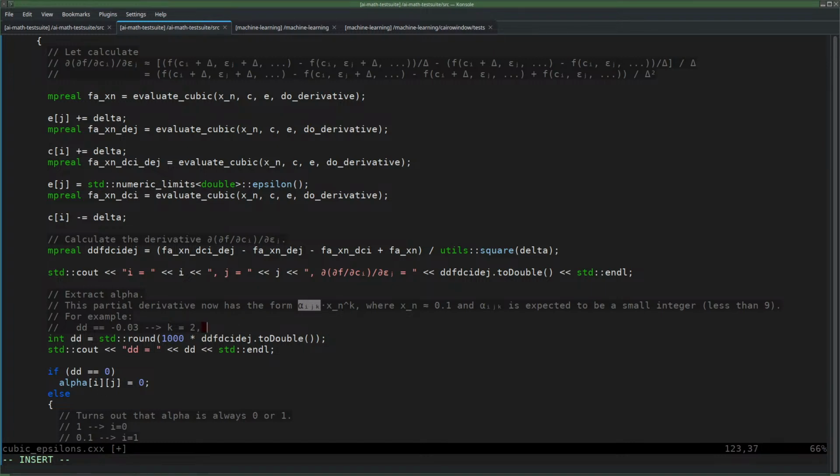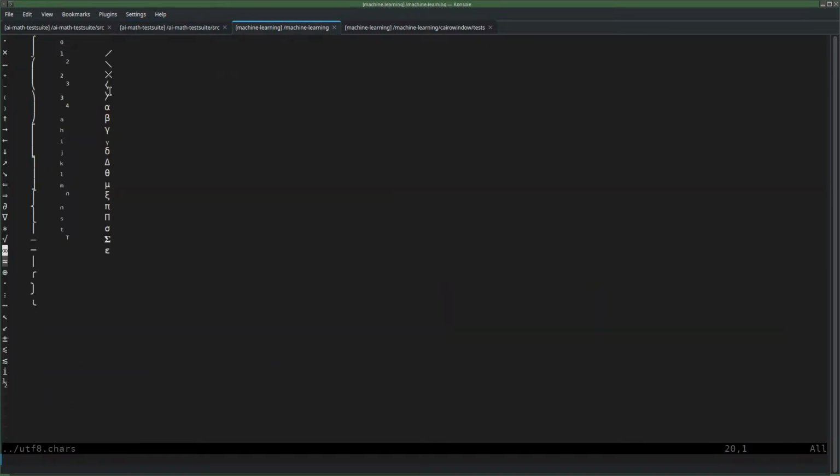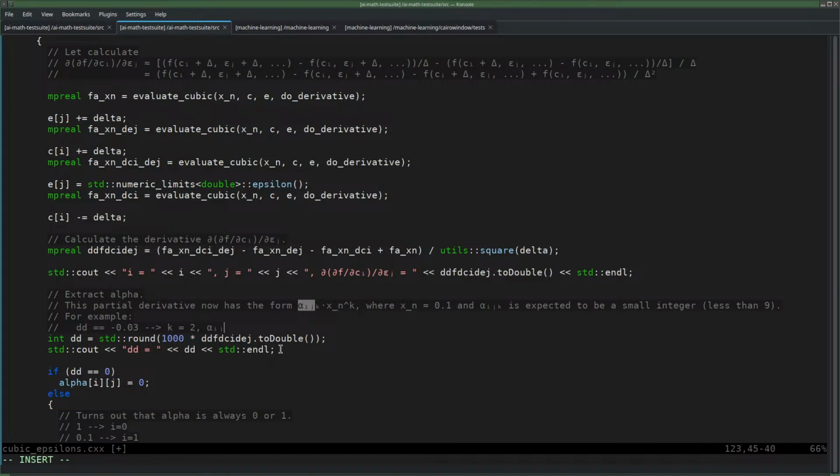And then the alpha ij, I guess. The k is 2. Here's 3. Minus 3.